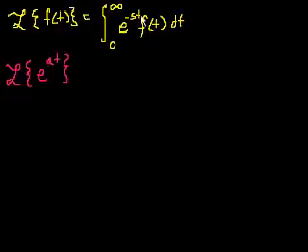Laplace transform of e to the at. Well, we just substitute it into this definition of the Laplace transform. So that is equal to, and this is all going to be really good integration practice for us, especially integration by parts. Almost every Laplace transform problem turns into an integration by parts problem, which, as we learned long ago, integration by parts is just the reverse product rule.